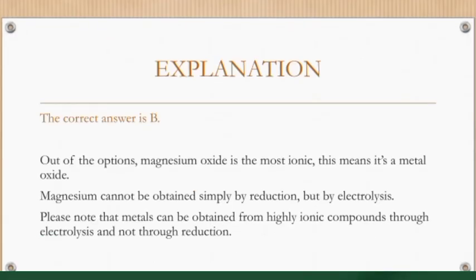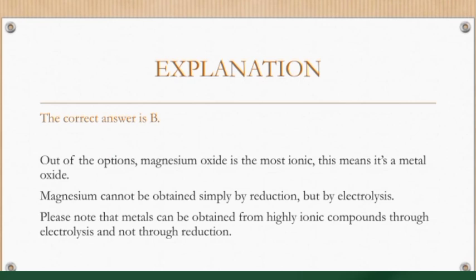Just notice that in this question, magnesium oxide is the most ionic. This means that it is a metal oxide. So magnesium cannot be obtained simply by reduction, but it can by electrolysis. Note also that metal can be obtained from highly ionic compounds through electrolysis and not reduction.